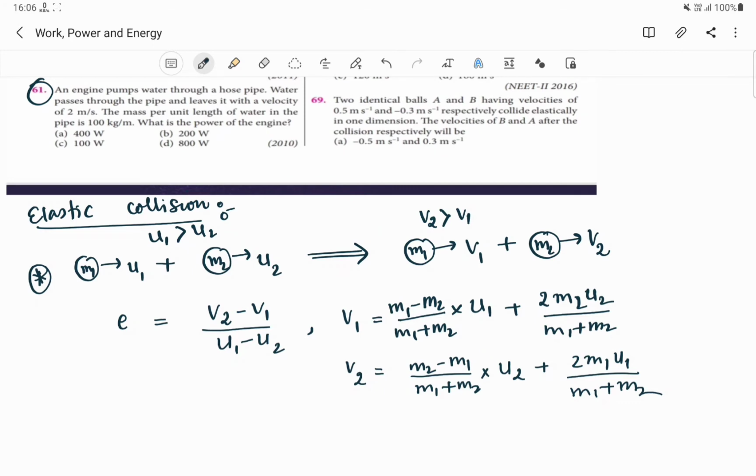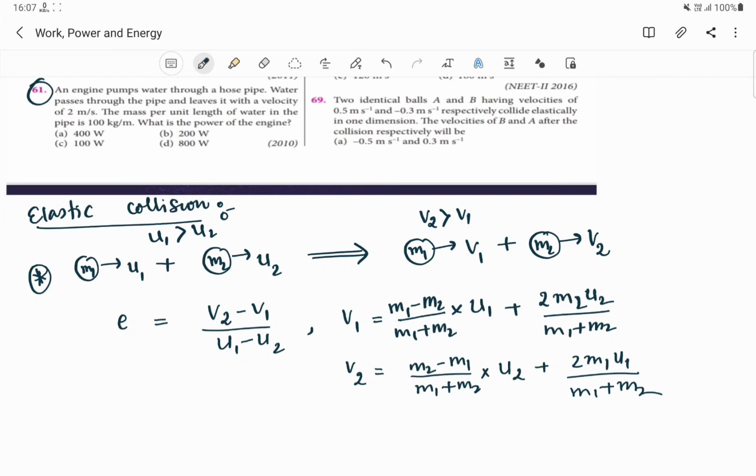Why? Because if m2 is faster than m1, there will be no collision at all. Therefore, m1 must have more speed than m2, and after collision, in order to avoid any further collision, m2 must move faster than m1 after collision.